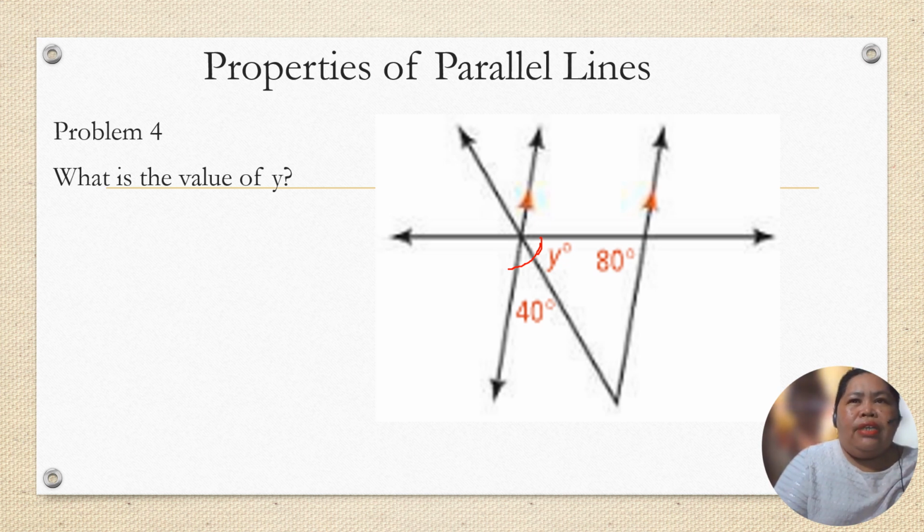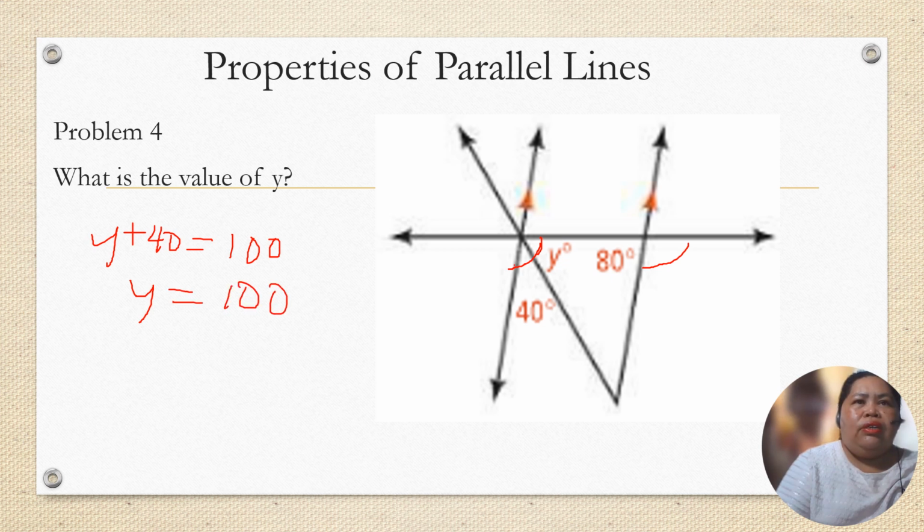If this is 80, this is 100, no? And this one is the same as this. So if this is 100, that means y plus 40 equals 100. So y is equal to 100 minus 40, that is equal to 60.